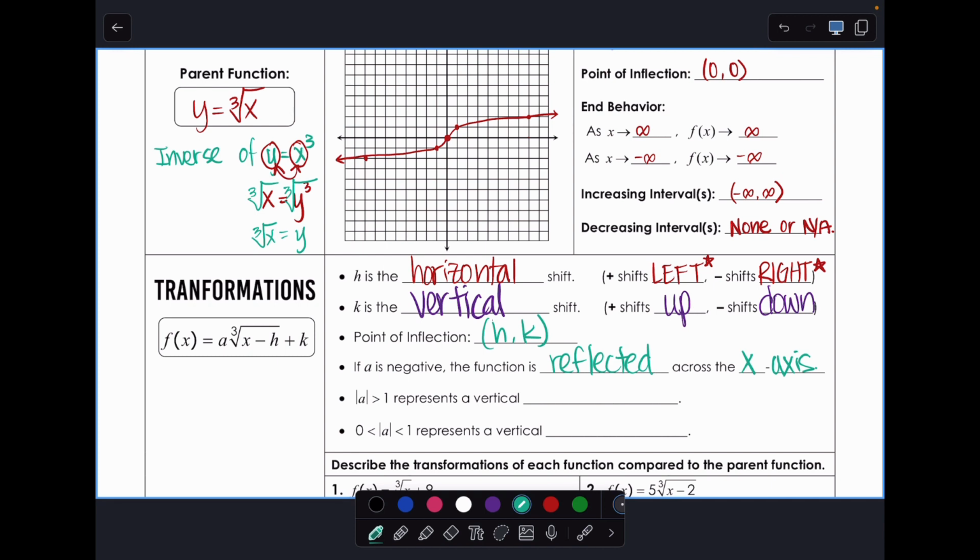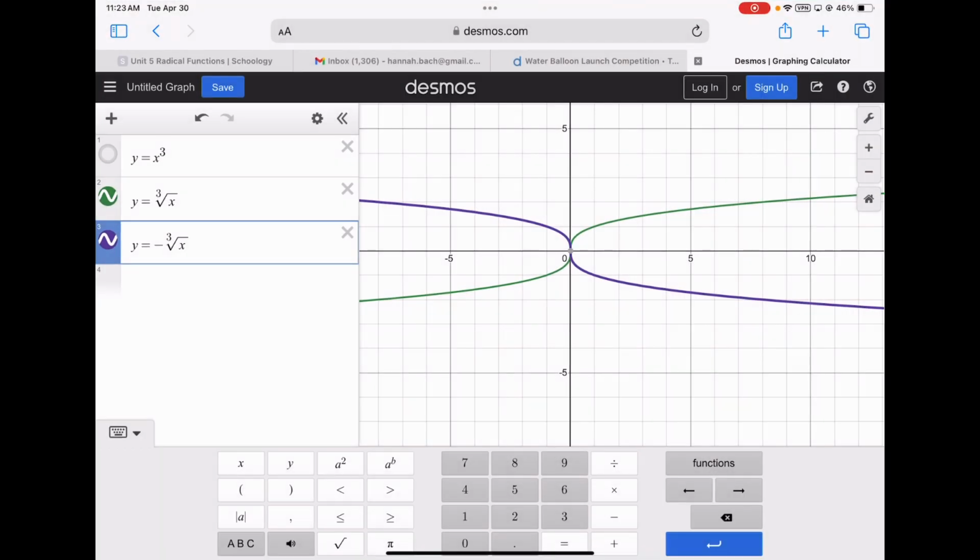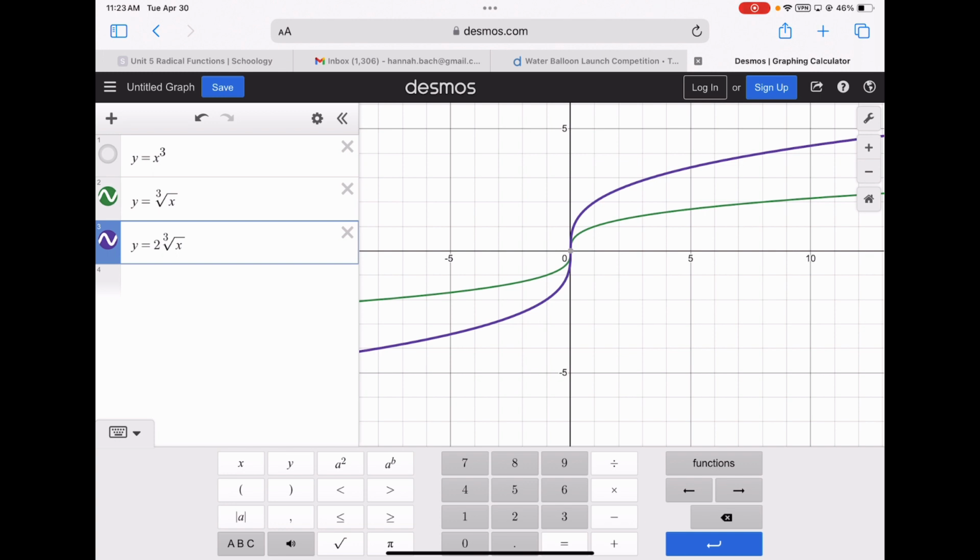Absolute value of A is greater than 1. What kind of stretch do you think it is? Vertical stretch or a vertical compression? Let's find out. Let's do that one. I'm going to change it to 5. Whoa, what just happened? It's stretched a lot. If you don't want it that high, how about that?